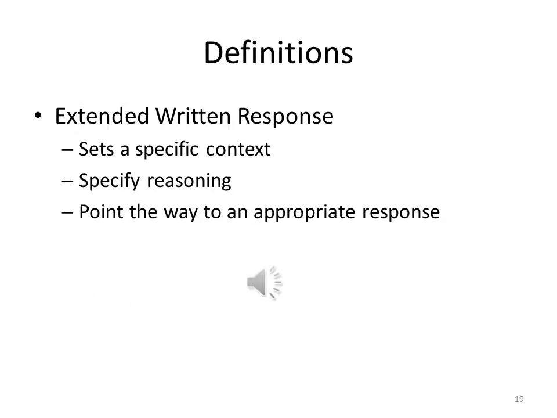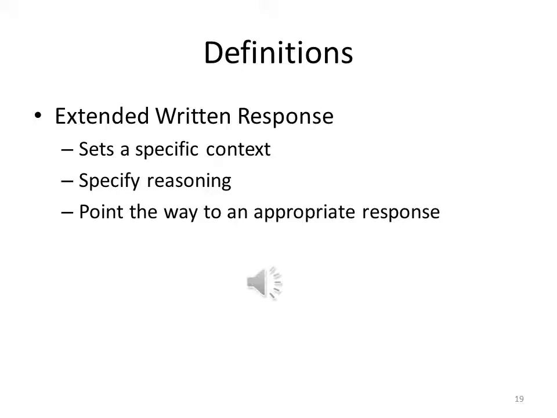As we continue our definitions, in the extended written response, it's very important to set a specific context so that you are narrowing what you want the student to write about. Another way of doing this is to specify the reasoning. Why are they writing?